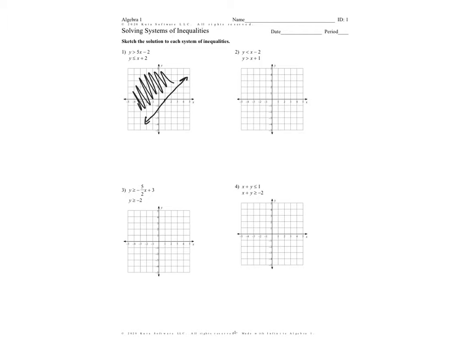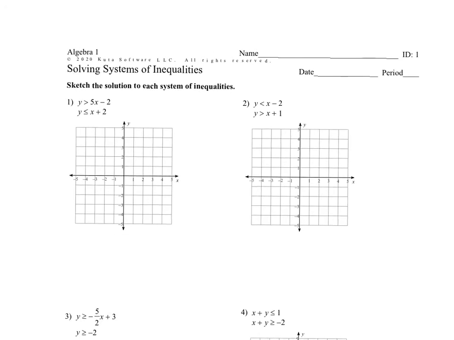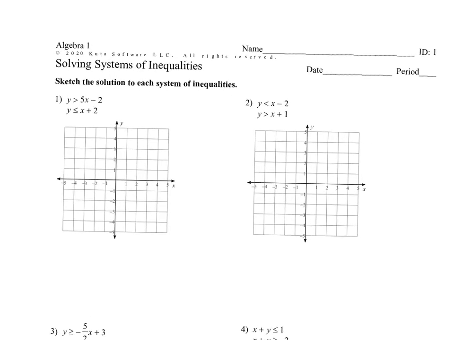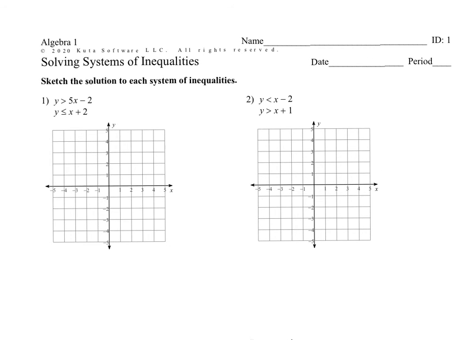Well, the same thing happens here. The lines are important, but the shading is also very important. So whenever you're solving systems of inequalities, typically you're going to solve by graphing, so you can see where the shading lies.